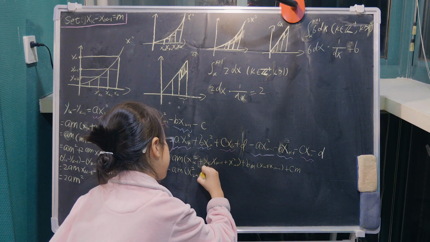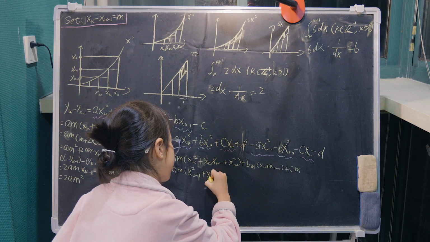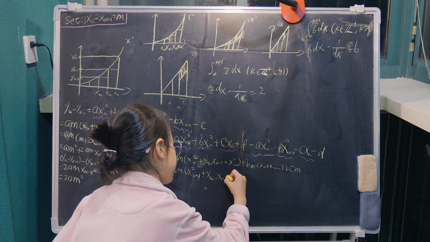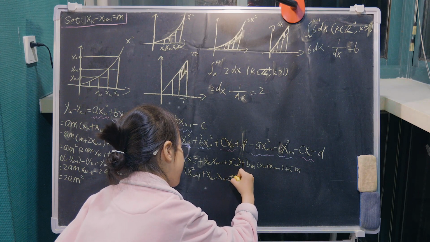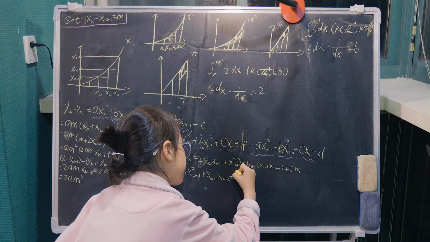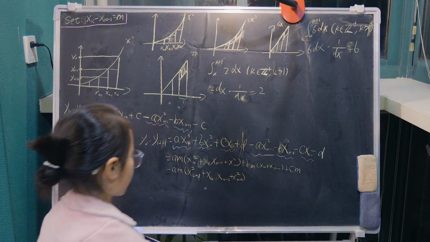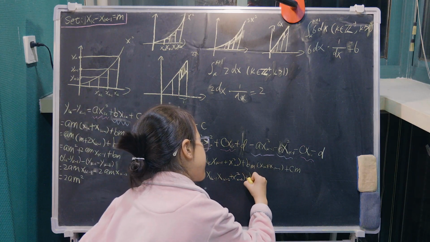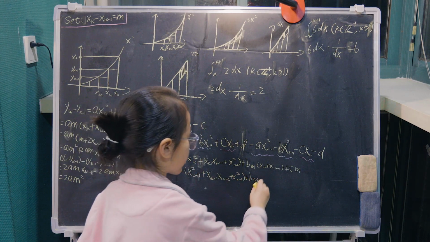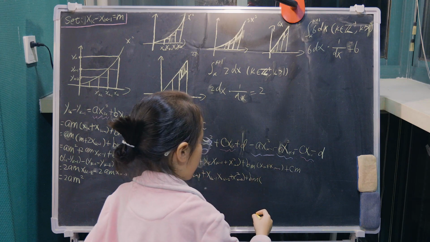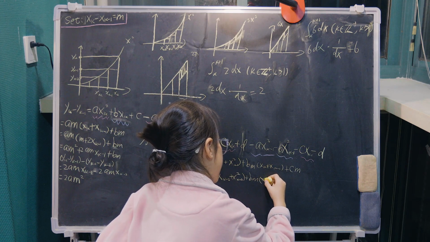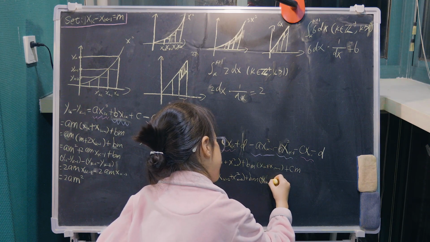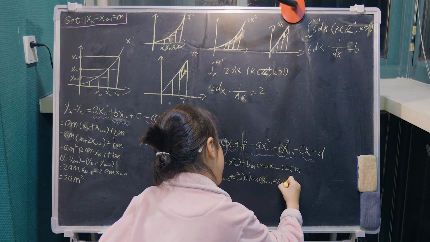It's a times x(k minus 1) squared, plus x(k minus 1) times x(k minus 2), plus x(k minus 2) squared. And then plus bm, and then times the bracket x(k minus 1) plus x(k minus 2).